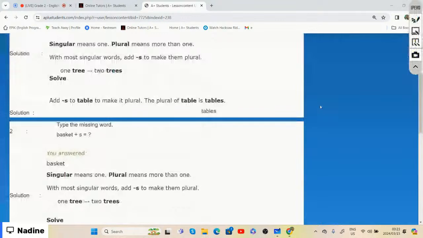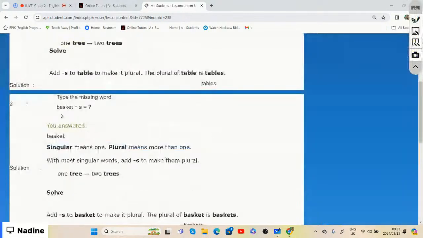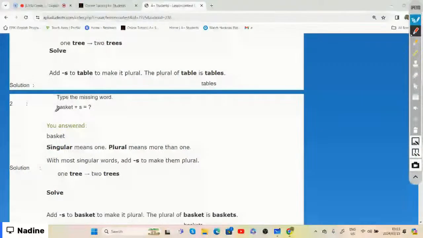Then we have one basket. But as soon as we add an s to show that it is plural, what would our word be? One basket plus an s is what?